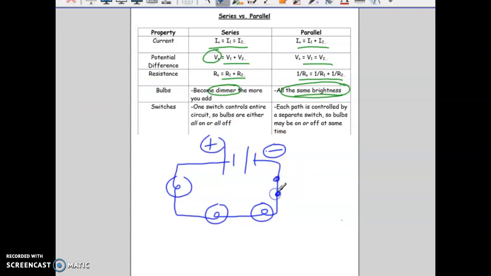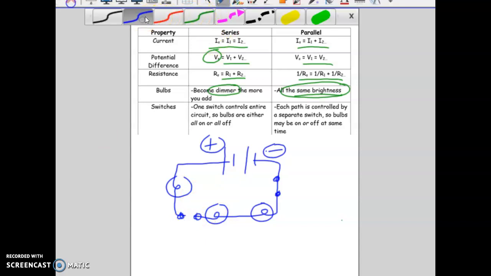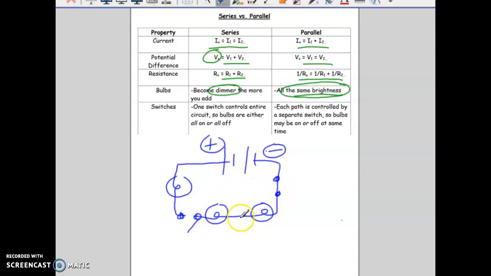If I have a switch here, or if I have my switch over here, and the switch is open, because the electrons are all flowing in one pathway, as soon as there is a gap in that path, the whole thing would turn off. No electrons would be flowing. So one switch would really control all the bulbs being on or all of them being off.